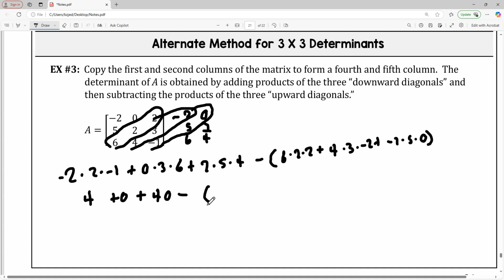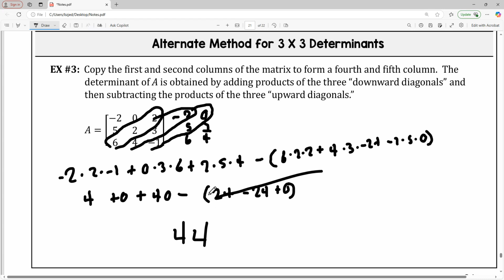Minus, and now we're going to do this parenthesis, 6 times 2 is 12, times 2 is 24. 4 times 3 times negative 2 is negative 24. And this last one here has a 0 in it, so that just works out to 0. Positive 24, negative 24 just go away, so everything in this term goes away. 40 plus 4 is 44. So we got the exact same answer as before.